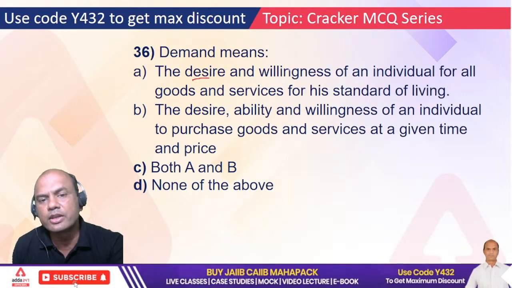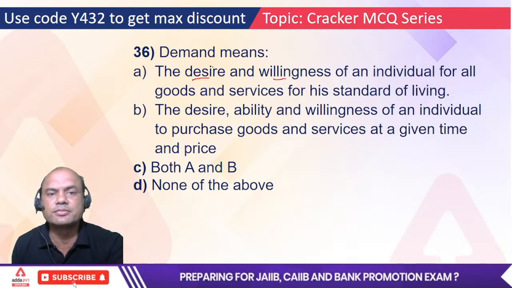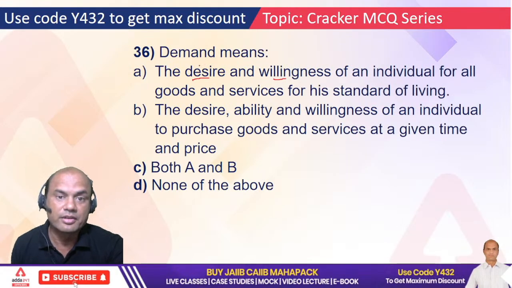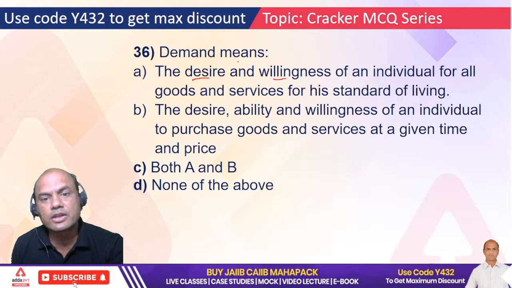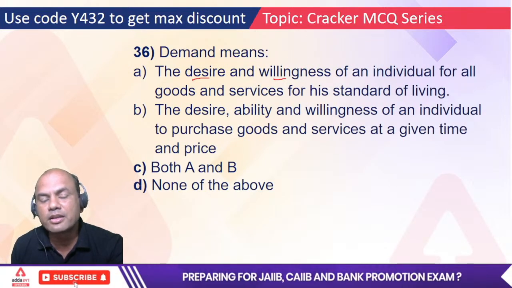Desire and willingness. Suppose I desire, let's say, Antilia, Ambani's house. I have a desire for that. I am willing to pay to buy that, but do I have the ability?